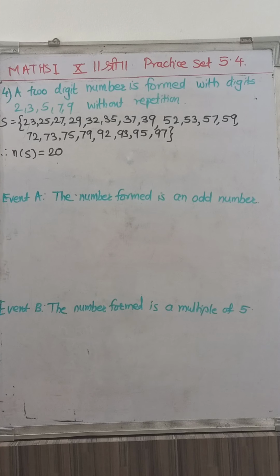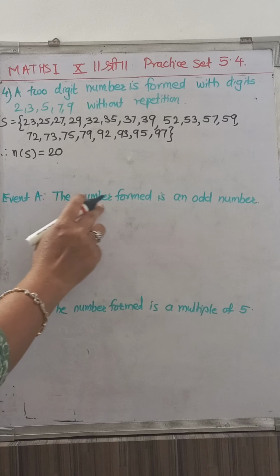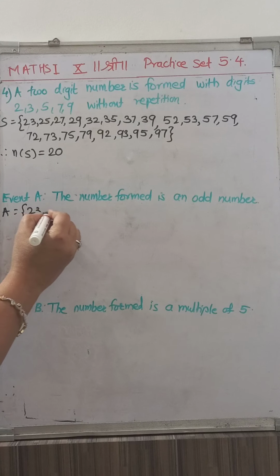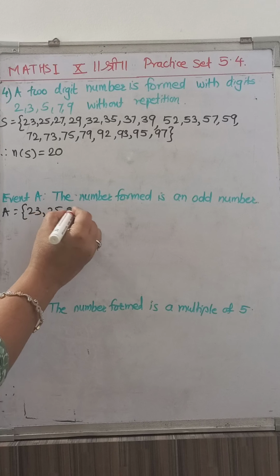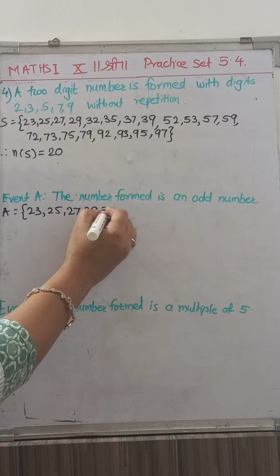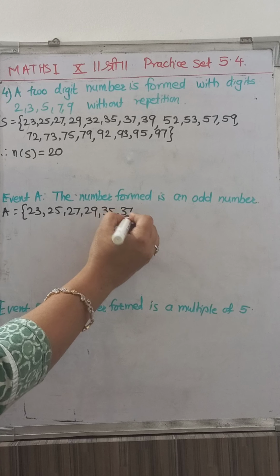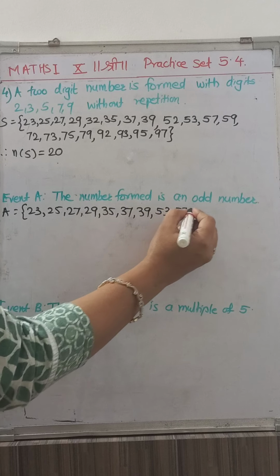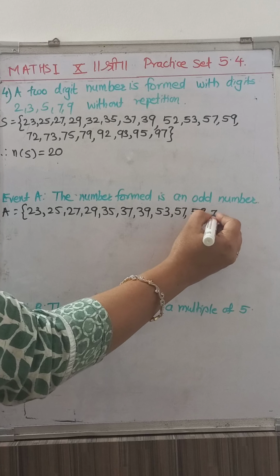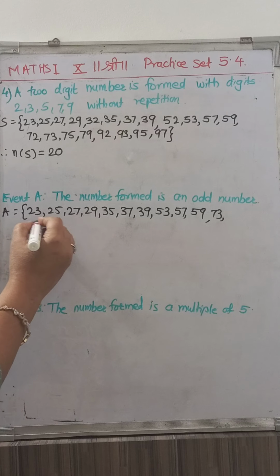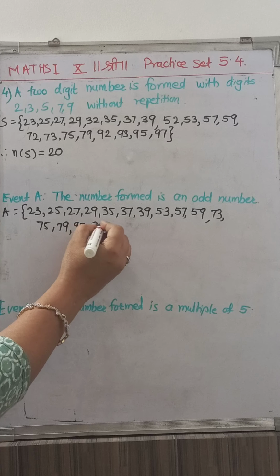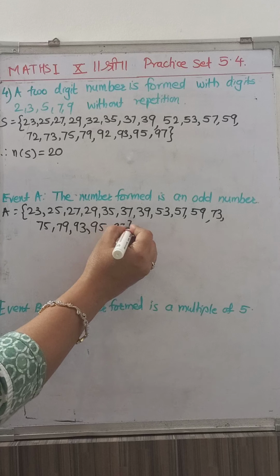Now event A, the number formed is an odd number. आता यातले ऑड नंबर जर आपण घेतले तर ए मध्ये आपल्याला मिळेल 23, 25, 27, 29, 35, 37, 39, 53, 57, 59, 73, 75, 79, 93, 95, 97.